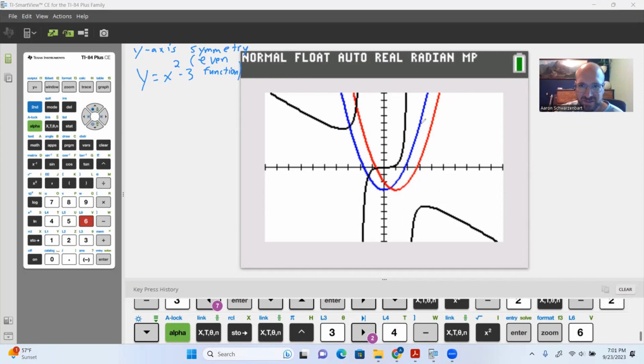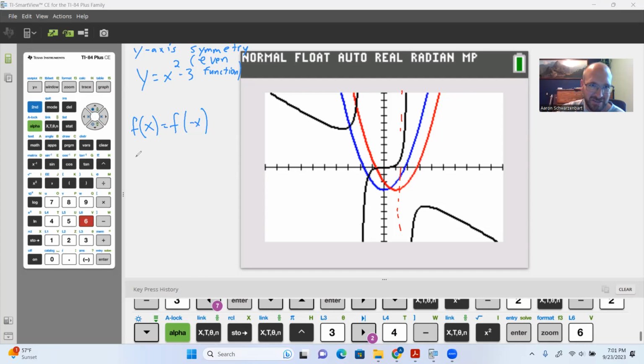The red one does have a symmetry to it, but it's not on an axis. So it has symmetry, but it doesn't have one of our primary types. For even functions, f of x should equal f of negative x.